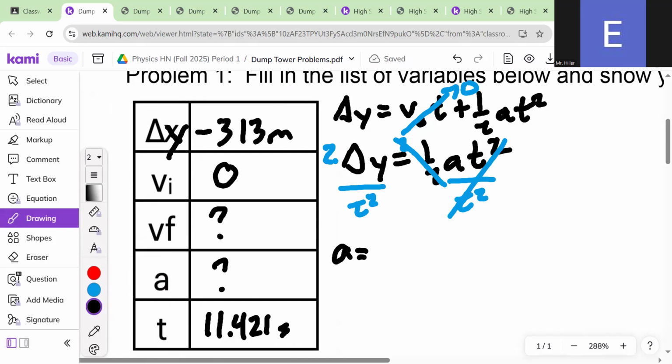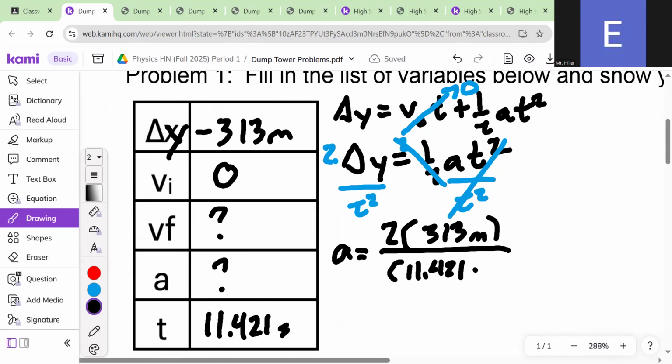So a is going to be 2 times your displacement, which is, now here's the thing, the actual displacement is negative 313. But since the program isn't asking for negative acceleration or negative velocity, you just enter the absolute value of the displacement, 313, the height of the building, divided by your time, which in my case is 11.421 seconds, squared.